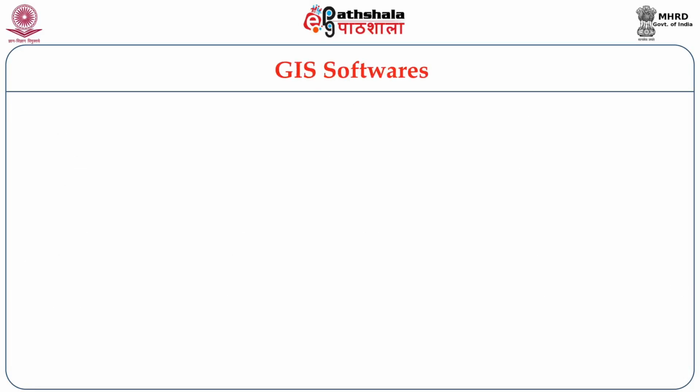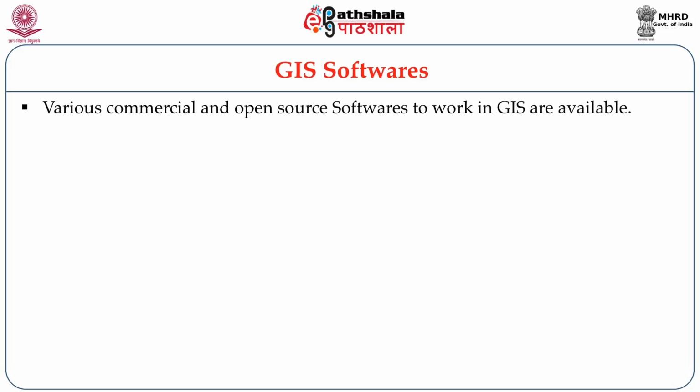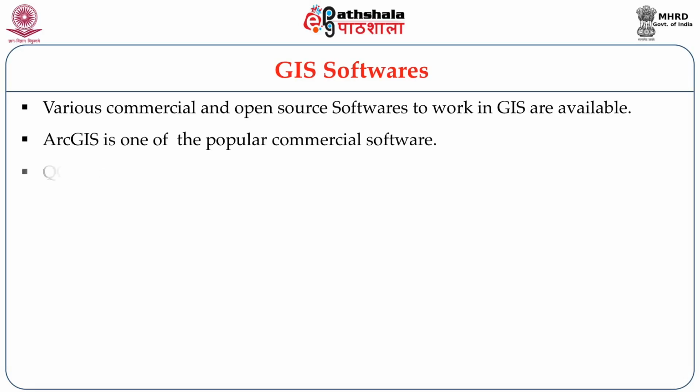Now about the GIS softwares. There are various commercial GIS softwares which are available in the market, and also there are open source softwares to work in GIS. ArcGIS is one of the most popular commercial software, and QGIS and ILWIS are open source softwares.